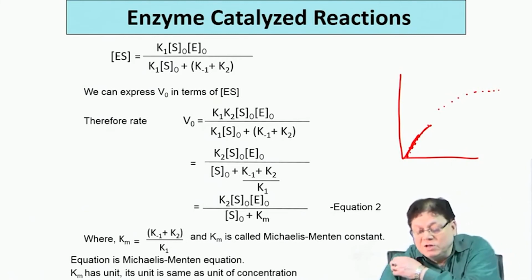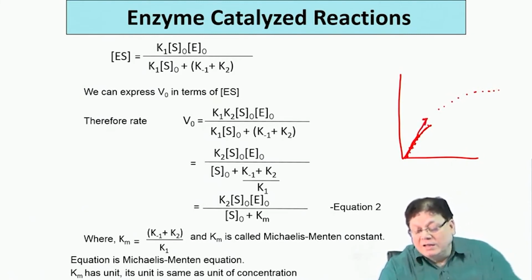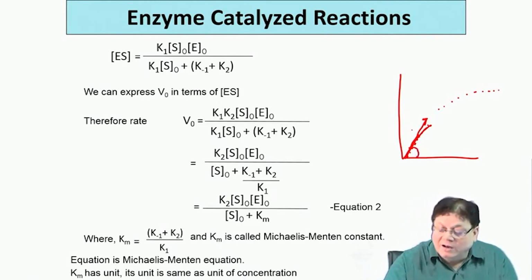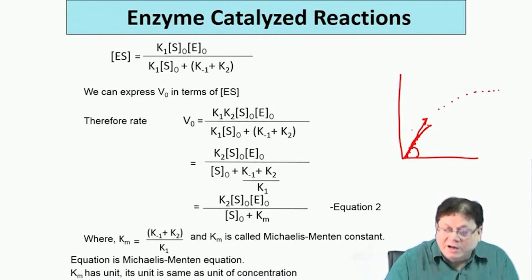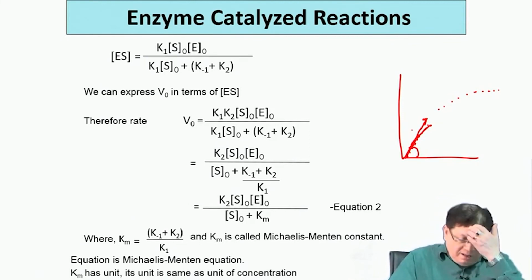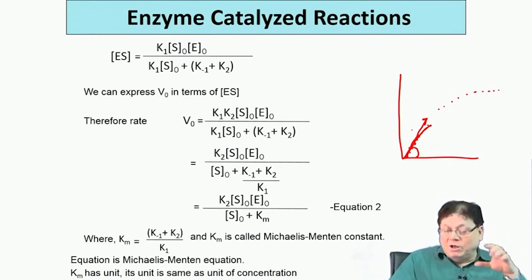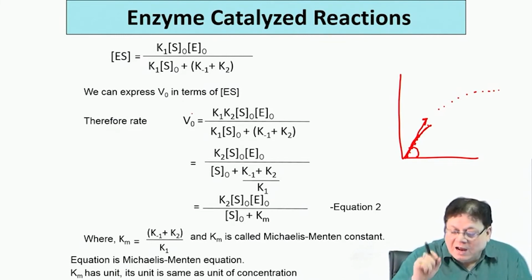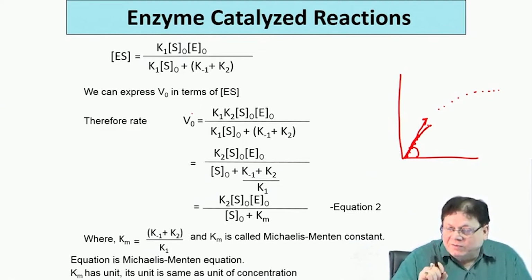So, V0 is the initial rate, and that is given by the initial straight line. The gradient of that gives you V0, the velocity of the reaction. Okay. So, this V0 is the initial velocity, that means you cannot have a velocity at time 0, it is very difficult to measure that.